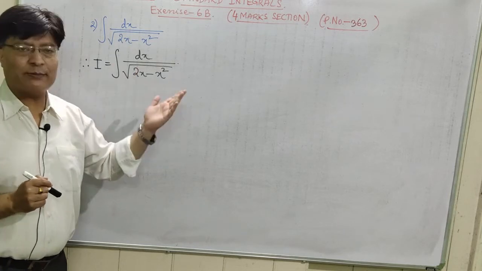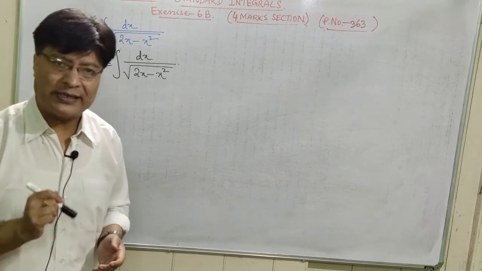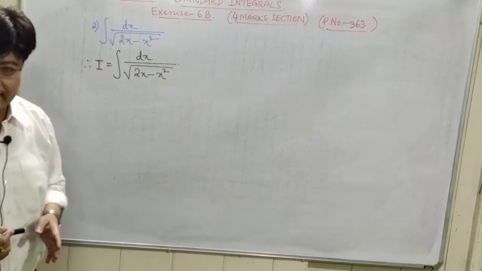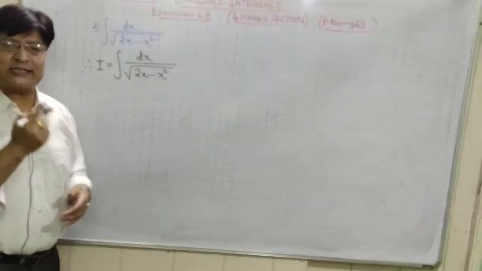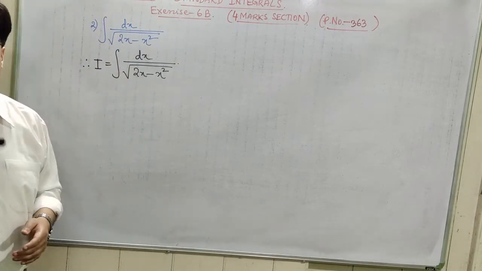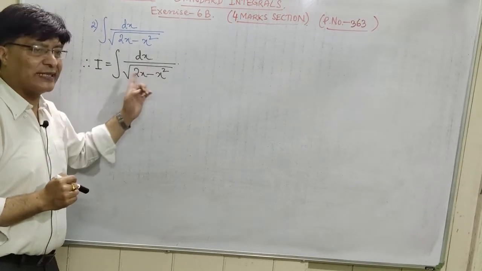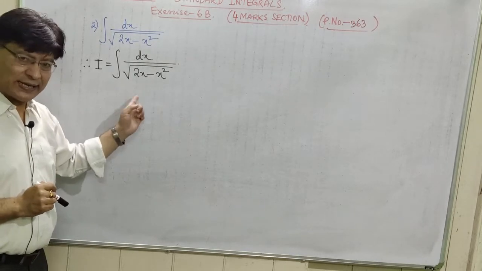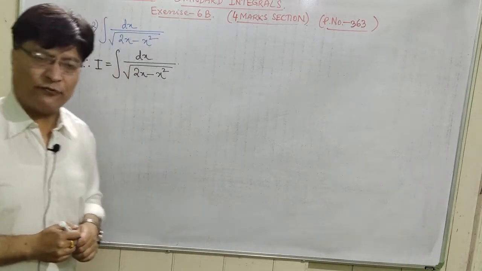That 6th standard form is sine inverse x upon a. So this integration can be directly converted into the 6th standard form. Is that clear? If the coefficient of x square is negative, don't factorize it, you just convert it into a standard form.